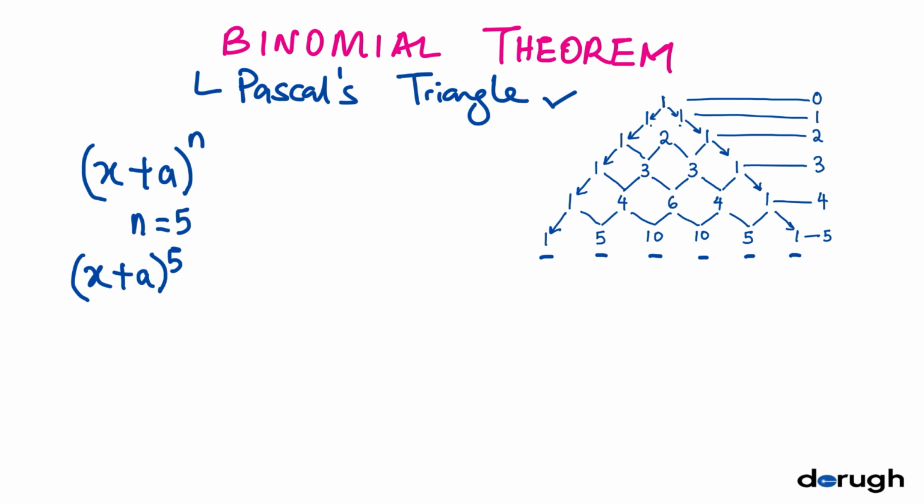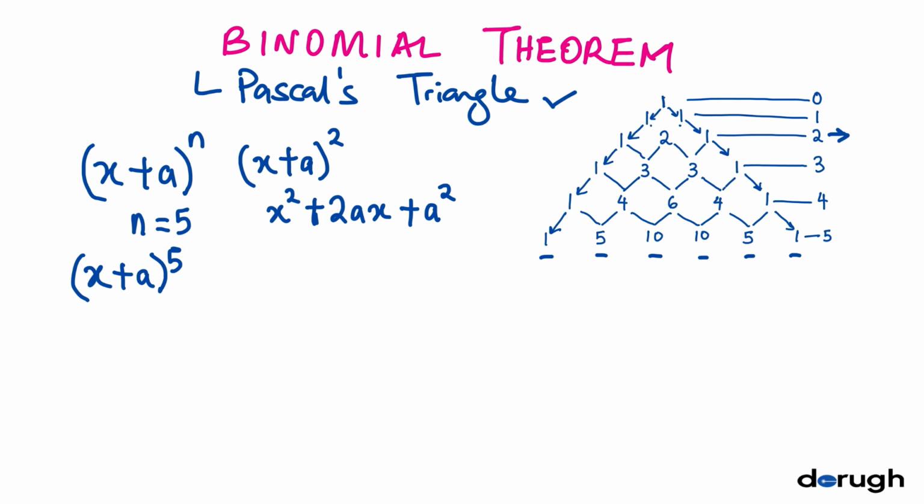Remember that when n was 2 and we had x plus a power 2, the answer was x squared plus 2ax plus a squared. Let's look at when n is 2 on our Pascal triangle.